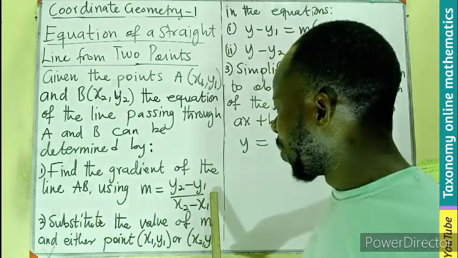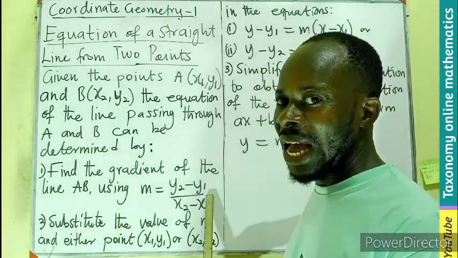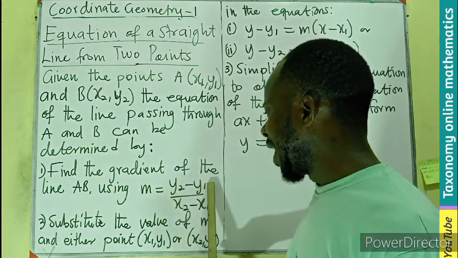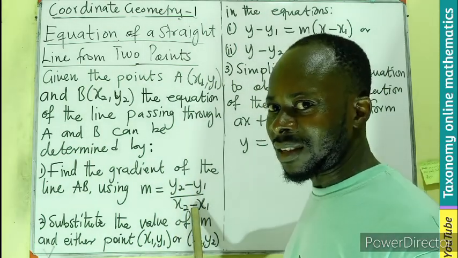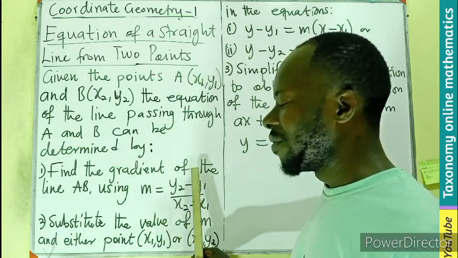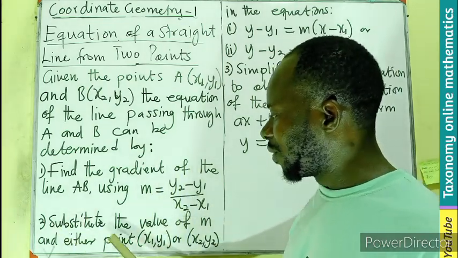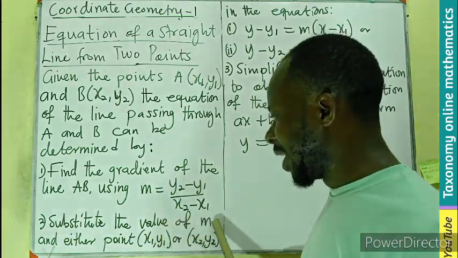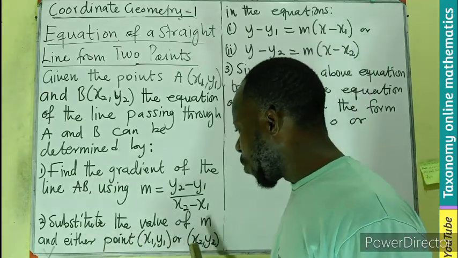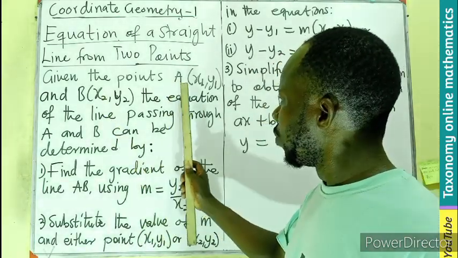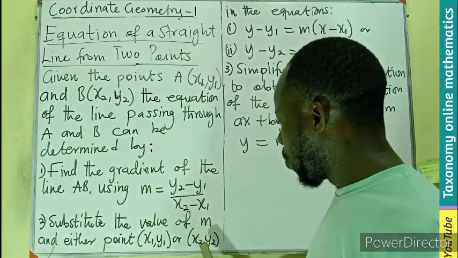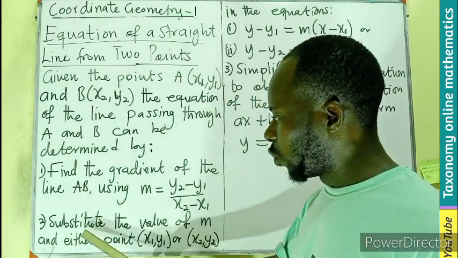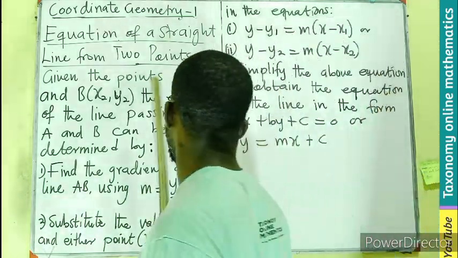Remember the formula we use to find the gradient of a line: change in y over change in x. Then after you derive the gradient, you substitute the value of the gradient and either the point A or the point B into the point slope form.